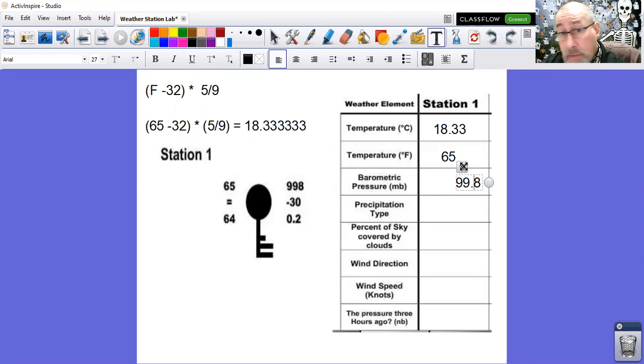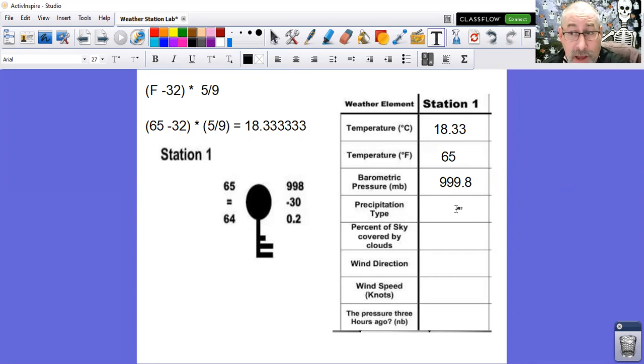Is it greater than 500 or is it less than 500? If it's greater than 500, we add a 9 to it. So it's greater than, so we're going to put a 9 right in front of the whole number. So now our barometric pressure is 999.8 millibars.